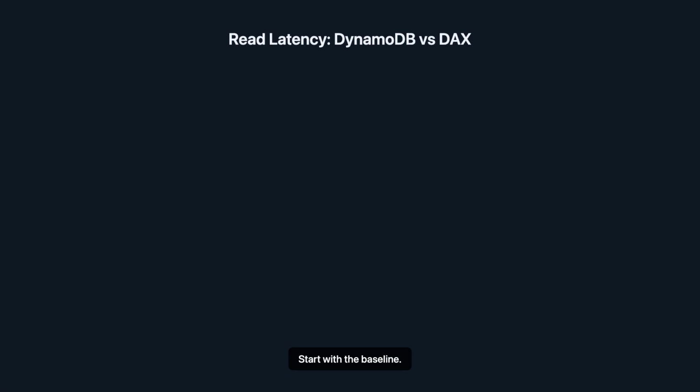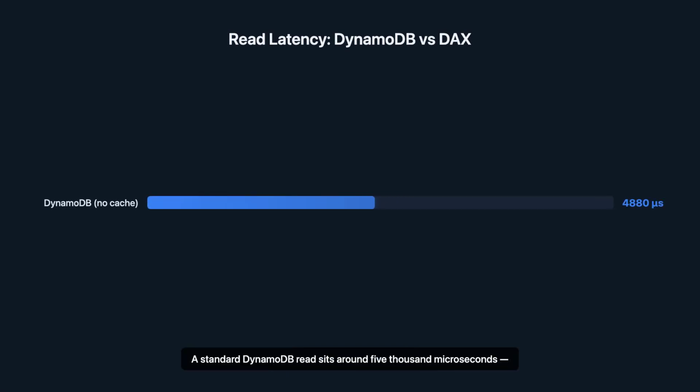Start with the baseline. A standard DynamoDB read sits around 5,000 microseconds. That's 5 milliseconds fast, but still in millisecond territory. For most web applications, that's perfectly fine. But once you're driving tens of thousands of reads per second, those milliseconds start to add up, and your tail latencies get ugly.